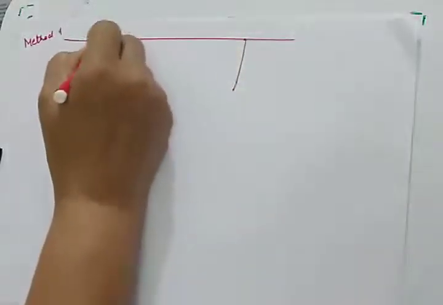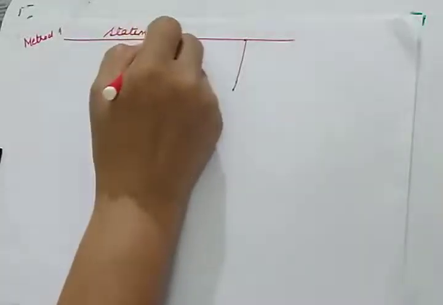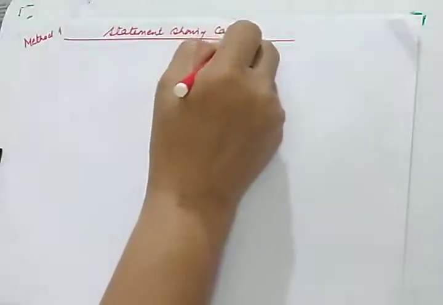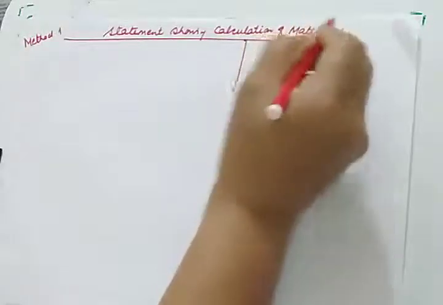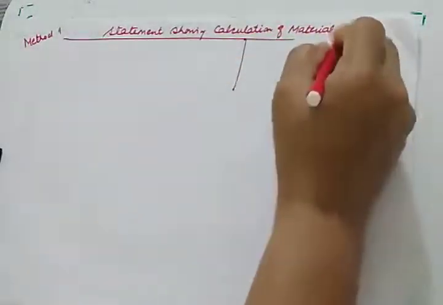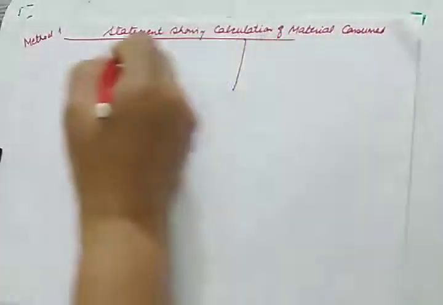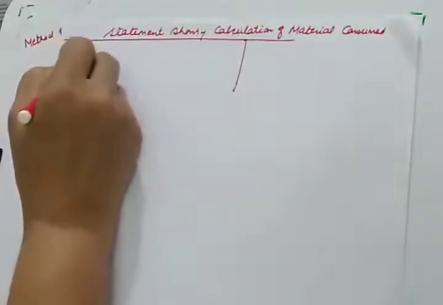So we can mention here: statement showing calculation of material consumed. So here there will be particulars and then amount. So first item will be opening stock.